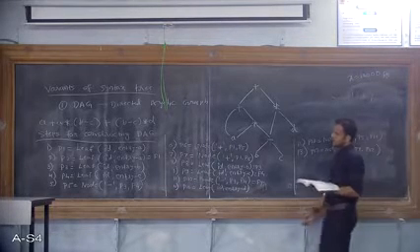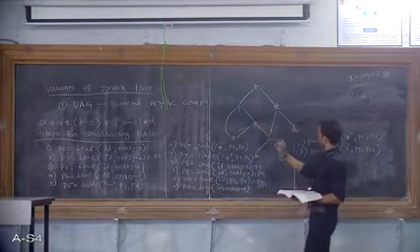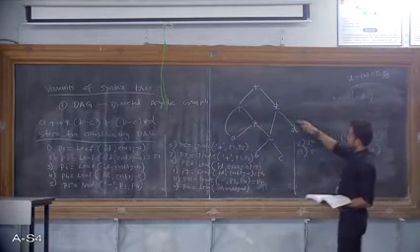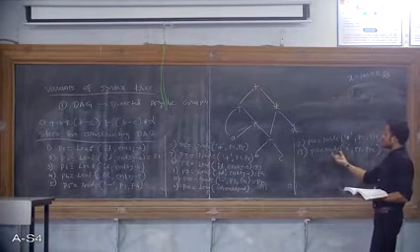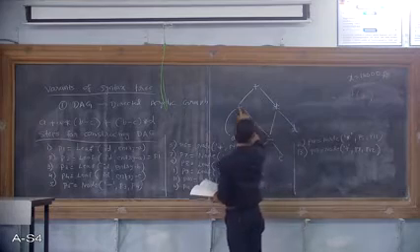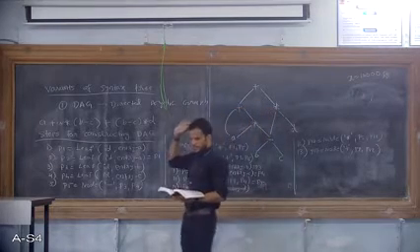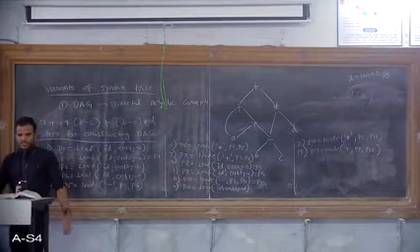P7 is nothing but this entire left subtree and P12 is this part. Now rule number 13 says node plus P7 P12, so plus will be the root, this is P7, this is P12. So this is how the directed acyclic graph is constructed.